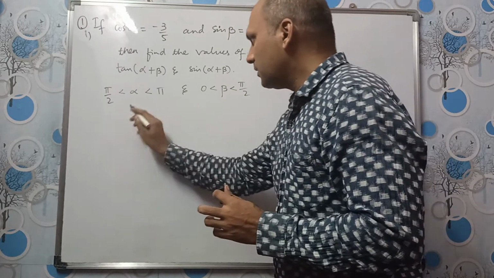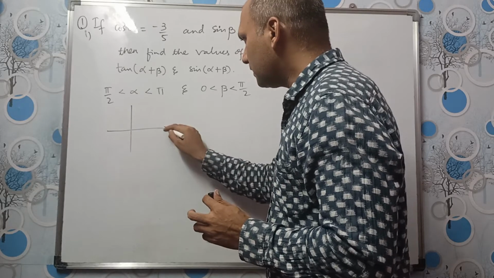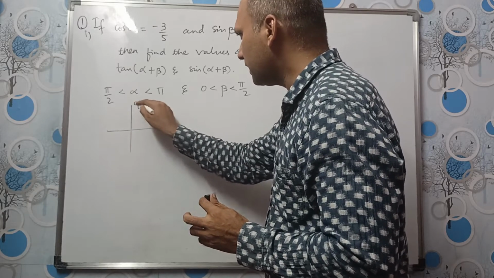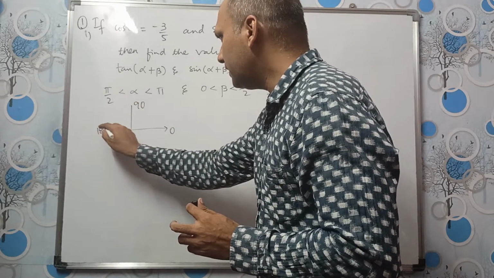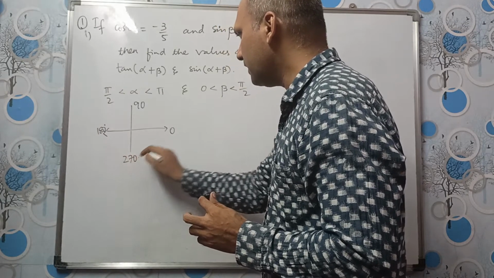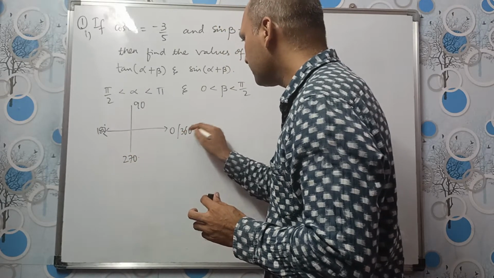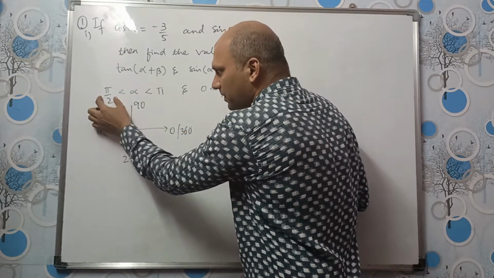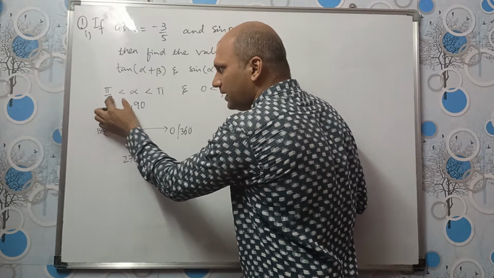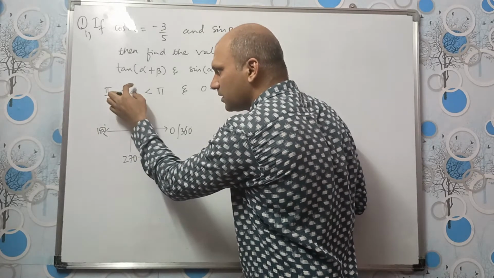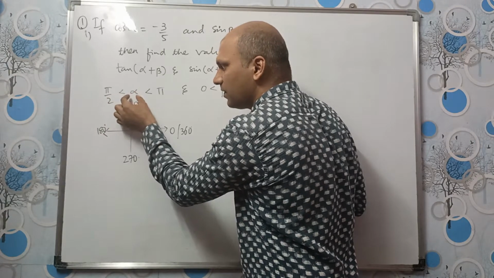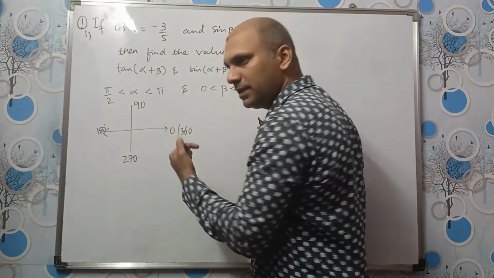Okay, see, this is 0 degrees, this is 90, 180 and 270, right? And again 360 here. So 90 degrees, pi by 2 is 90, 90 is less than alpha, which means alpha is greater than 90, right?